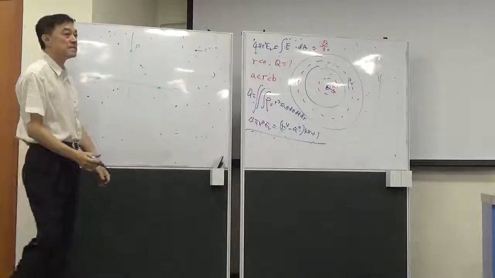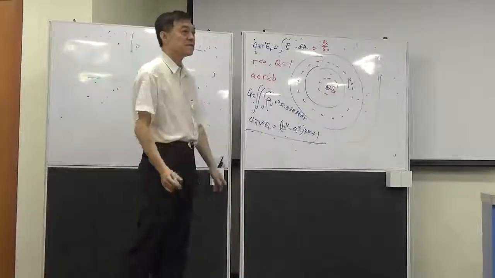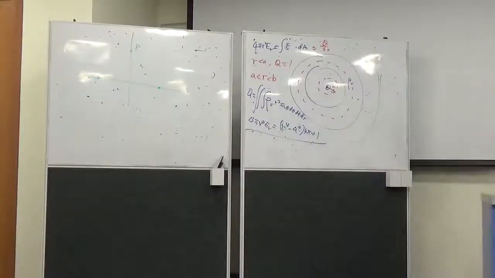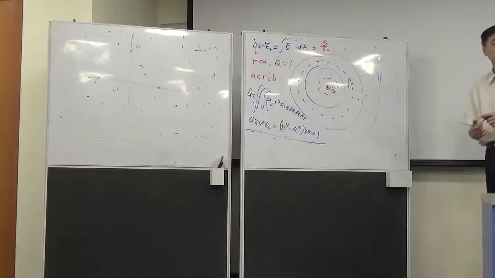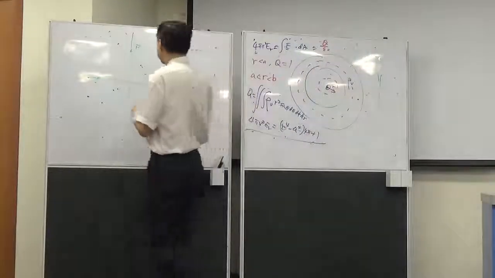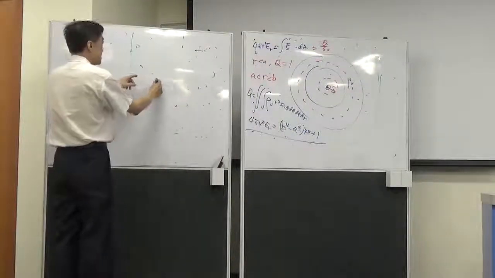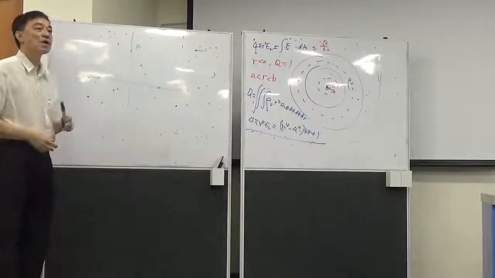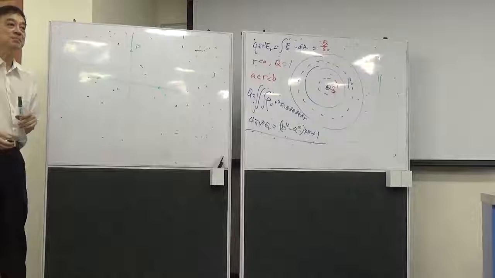The magnetic field at this point, you remember your Biot-Savart law? If your ds is here, and the unit vector r is here, where is your magnetic field going to be?